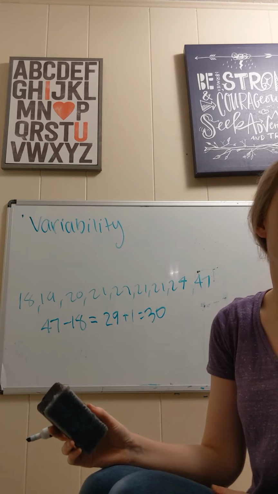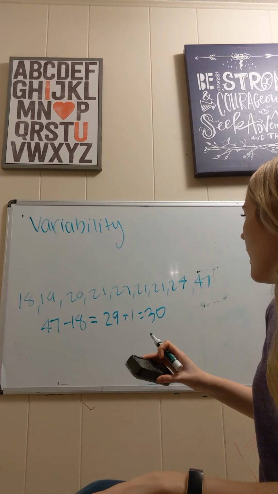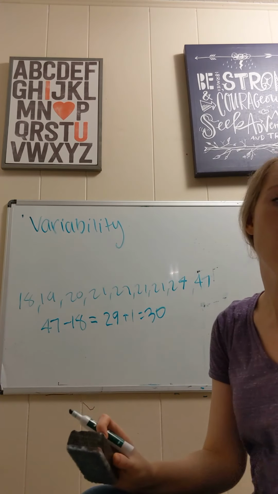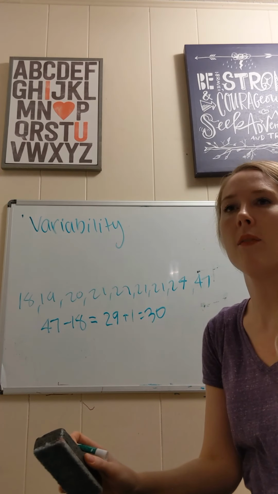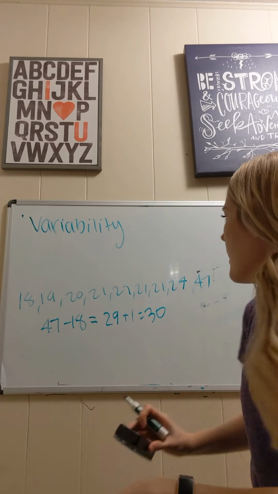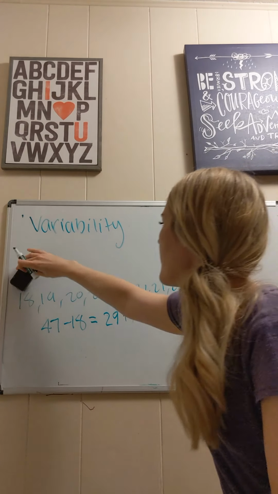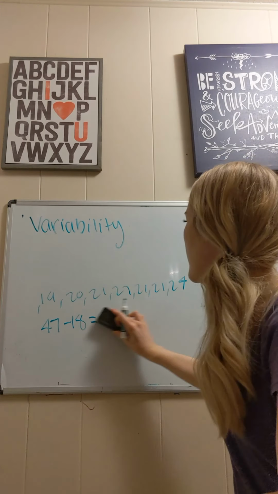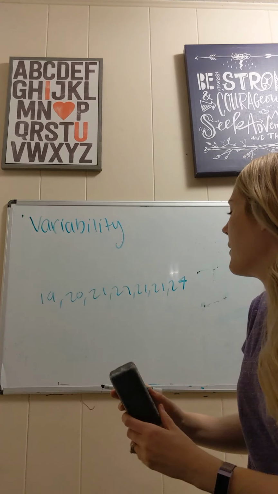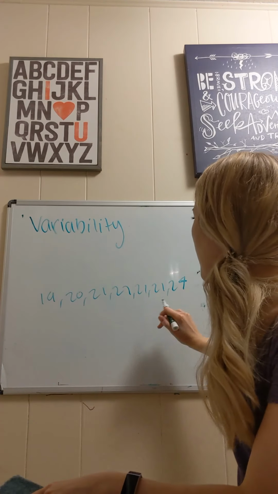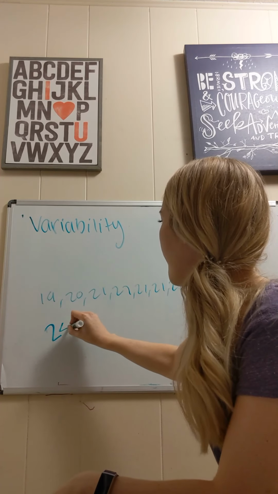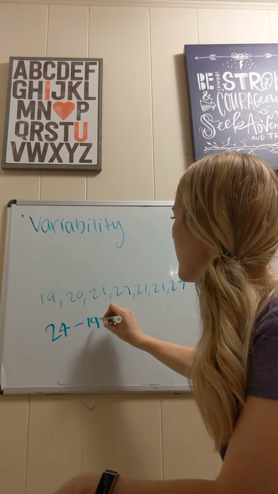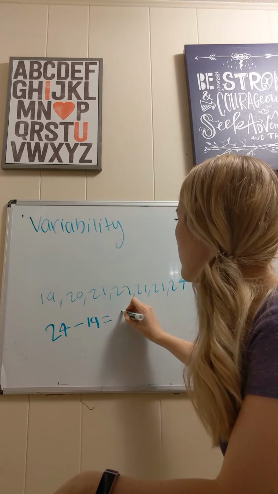So here you would do an interquartile range. That means you're taking off the top 25% and the bottom 25%. So let's say here we just do that, take that off. Now we look and see here. So then we would just have 24 minus 19, which would be 5.